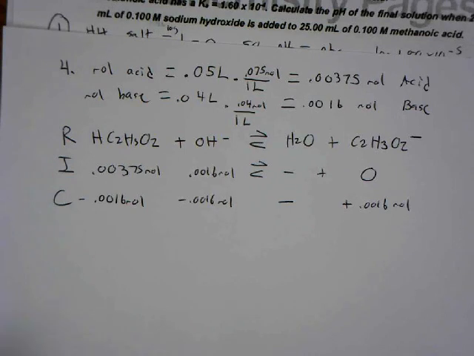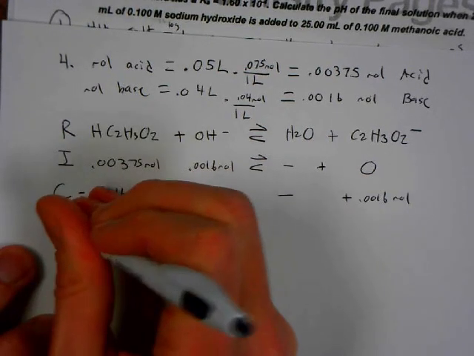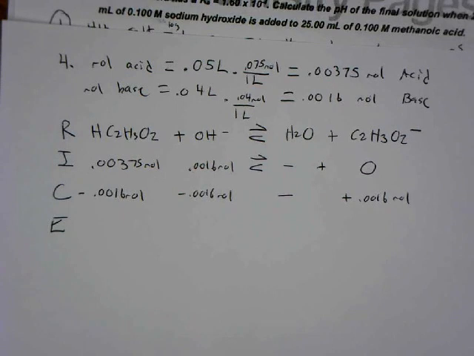I'm using up all of this. Because this is the weak acid, I'm going to have weak acid on the other side. I'm not using up all the weak acid, because it doesn't completely dissociate, so I cannot use this for my subtraction. It's like the limiting reactant.